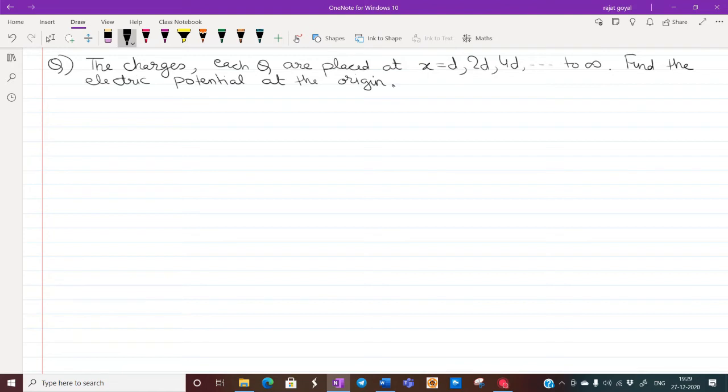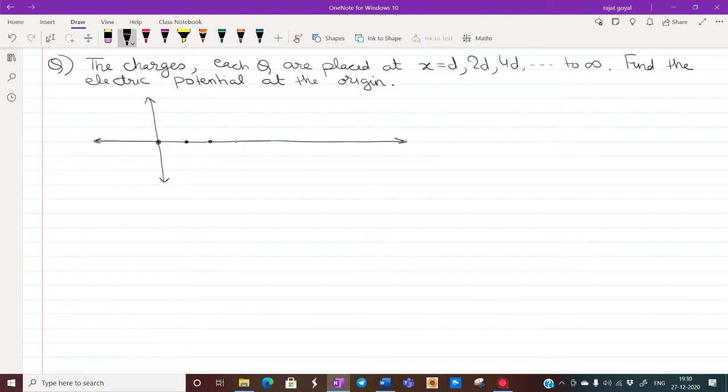So I am going to draw the diagram here. Suppose this is the origin, at x equal to 0.